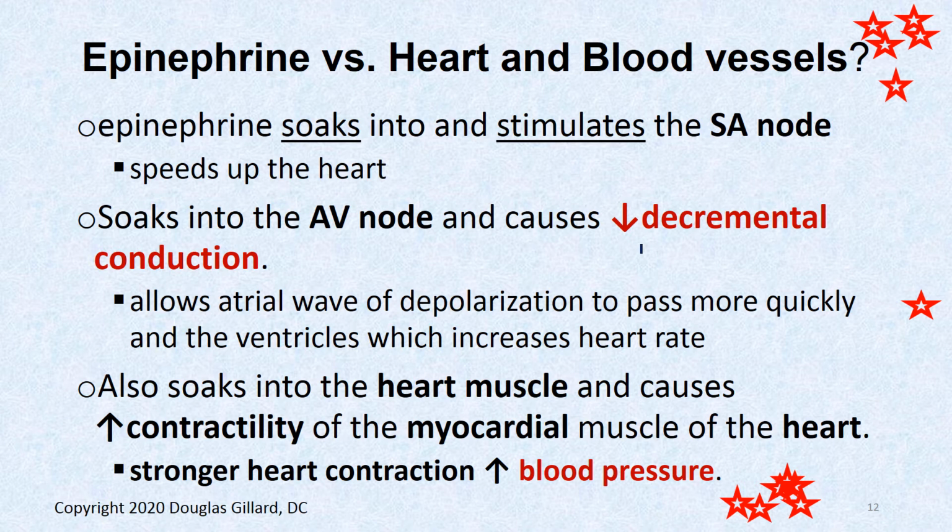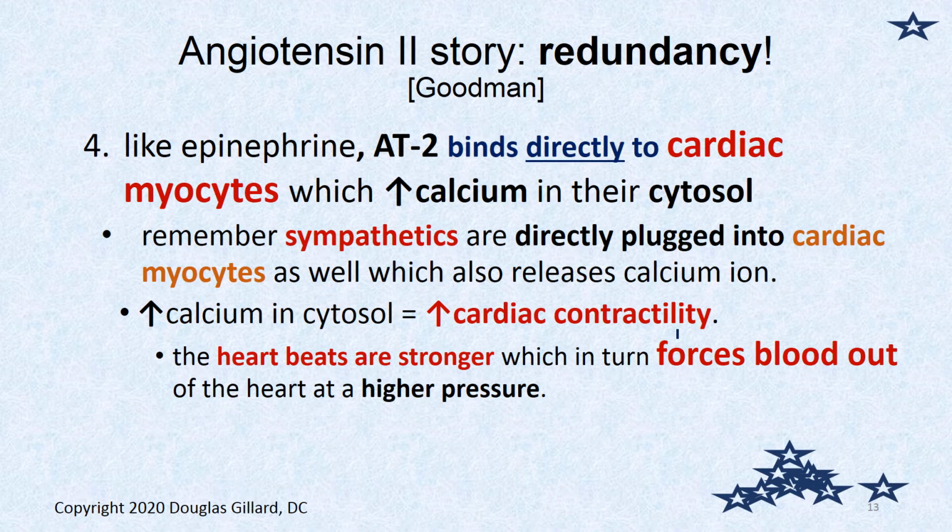So it basically shuts off, or almost shuts off completely, that decremental conduction. So the AV node lets the signal go pretty quickly through there, which also works to speed up the heart rate. The epinephrine also soaks into heart muscle and causes increased contractility of the myocardial muscle of the heart, makes it contract more powerfully with each beat.